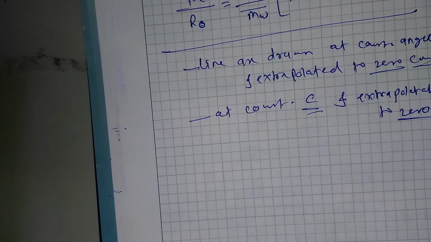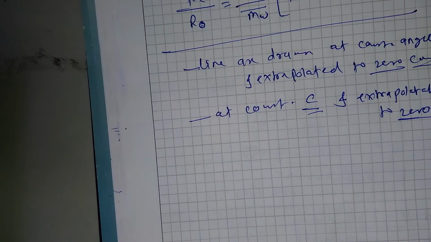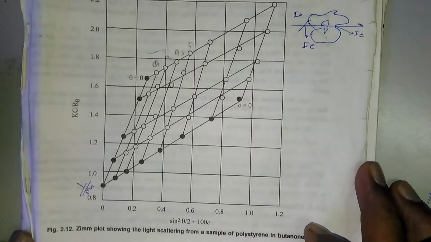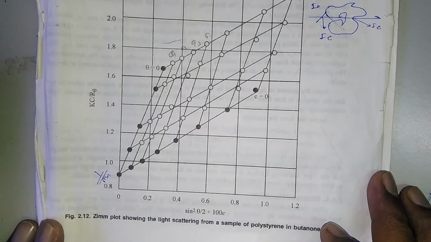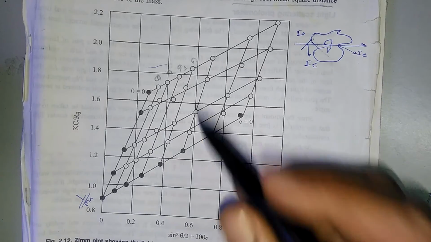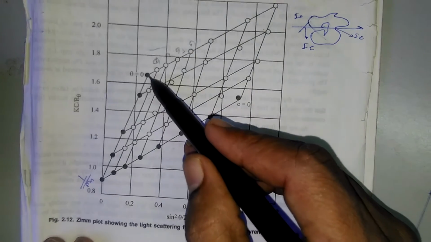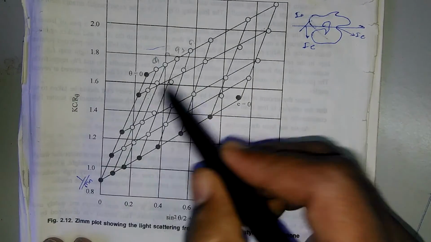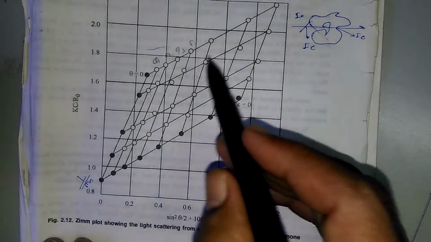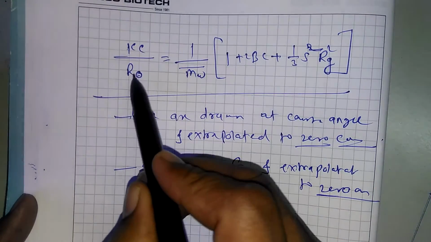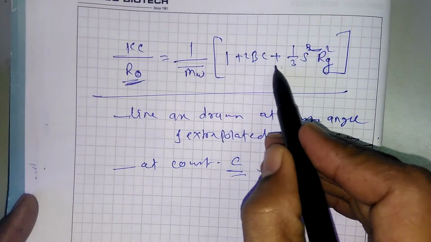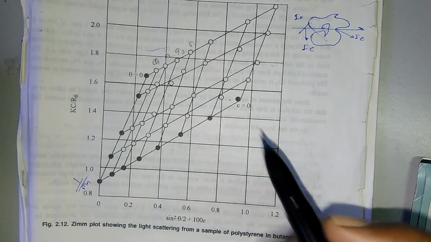So how is the nature of the Zimm plot? This is a Zimm plot. Here this is our equation, this is the angle, and this is our concentration. They are kept constant.